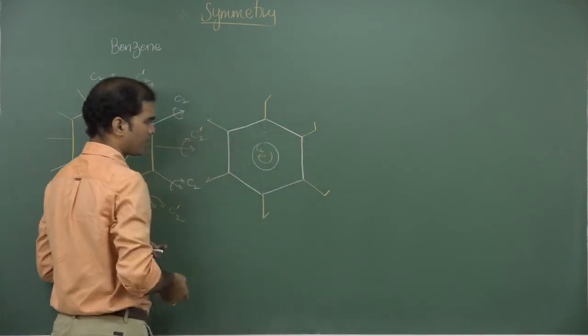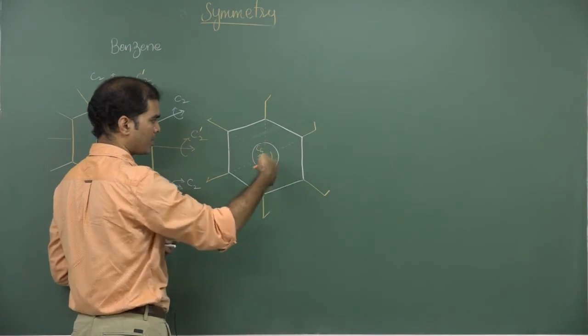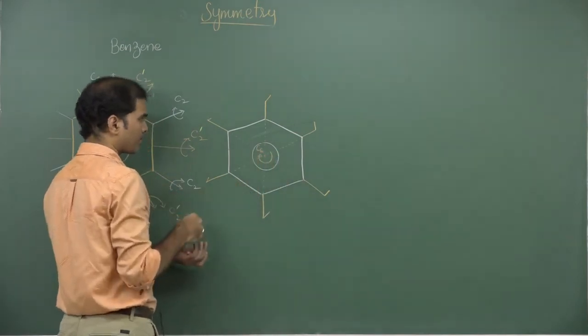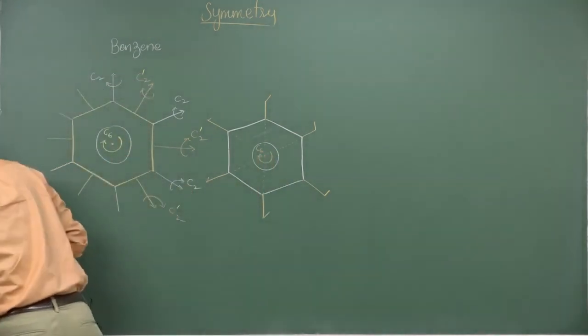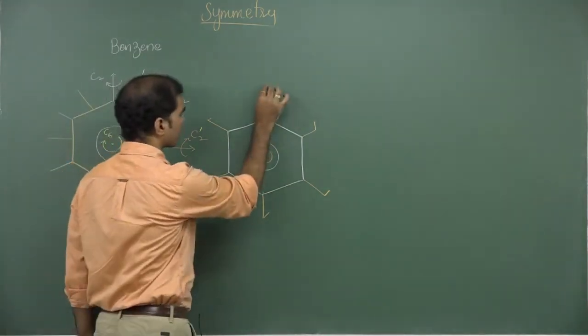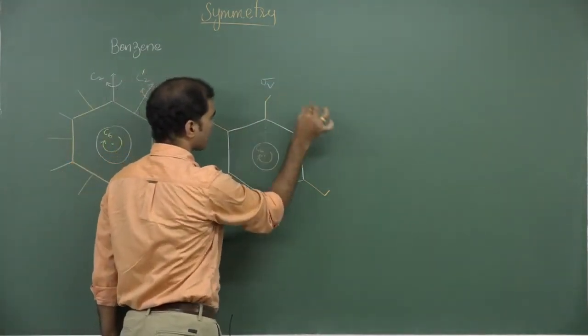One, 2 and 3. Since they are parallel to the principal axis, let us call them sigma v.